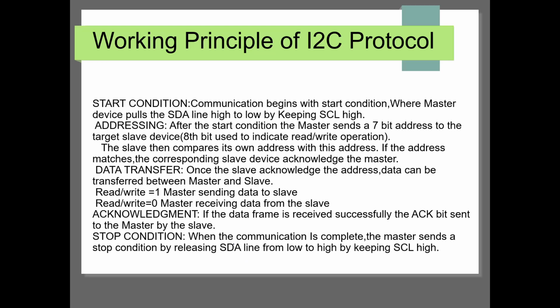Okay, stop condition means when the communication is completed, the master will send the stop condition by releasing the SDA line from low to high. During the low condition it is busy. Whenever the SDA line goes from low to high while SCL is kept high, it is the idle condition.